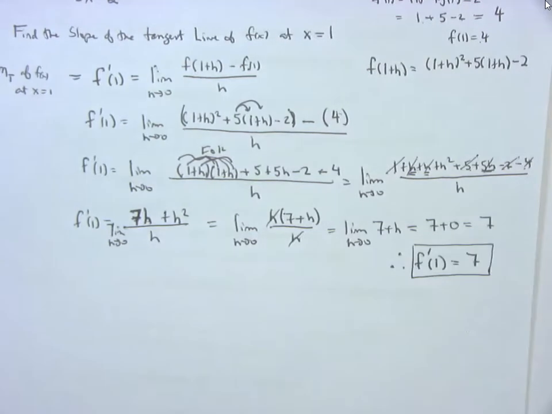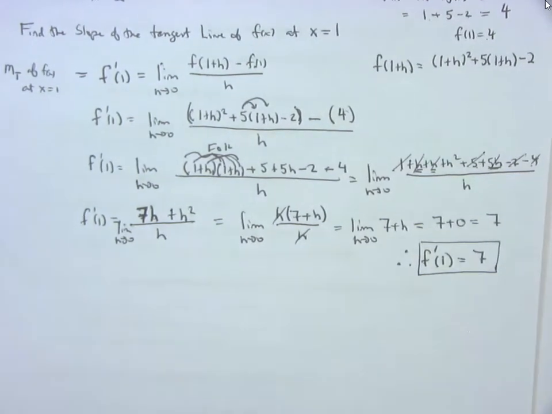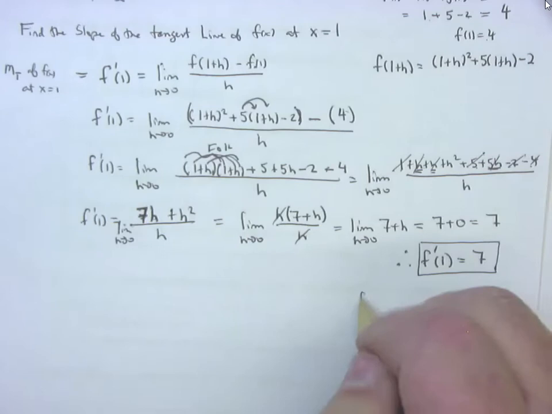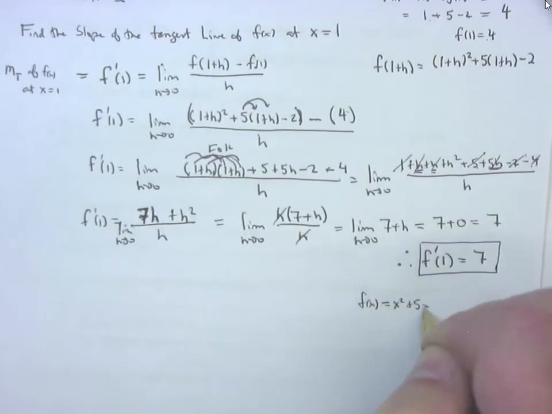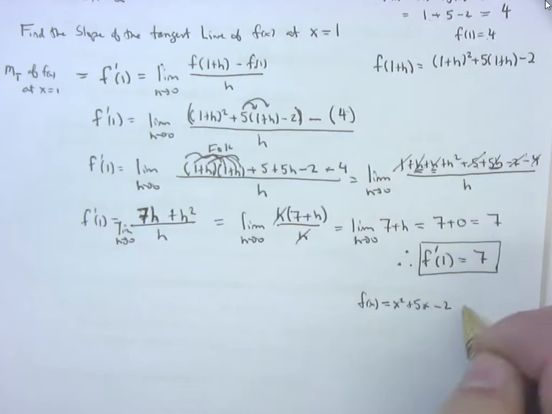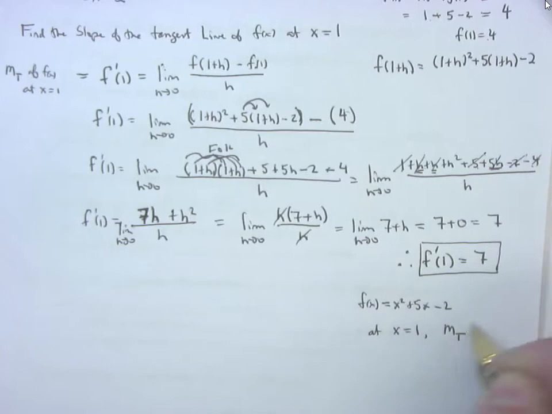What this tells me is, if I look at the function f of x, which is equal to x squared plus 5x minus 2, at the point x equals 1, the slope of that tangent line that only hits that graph at that one spot is actually equal to 7. I'm expecting a numerical value when I'm asking for the slope of the tangent line.